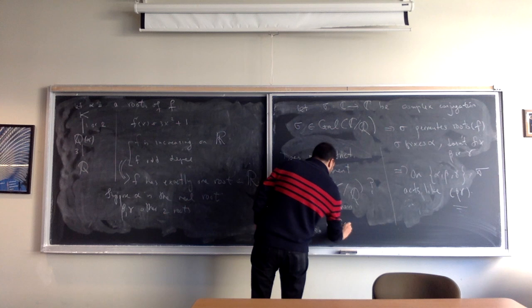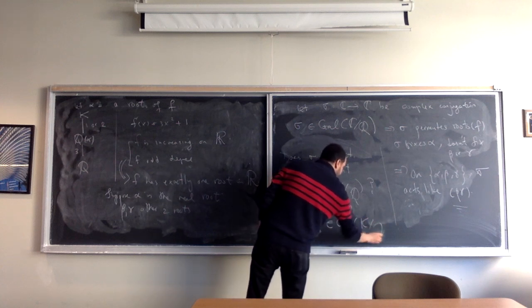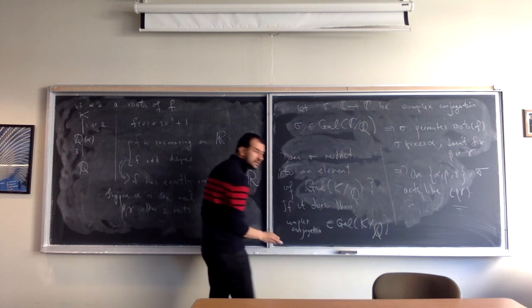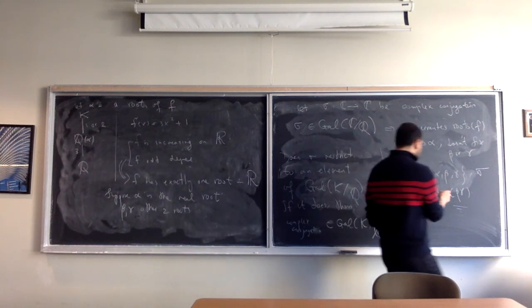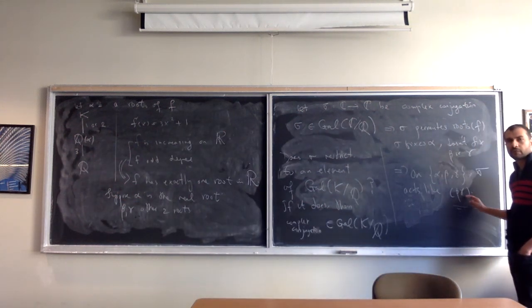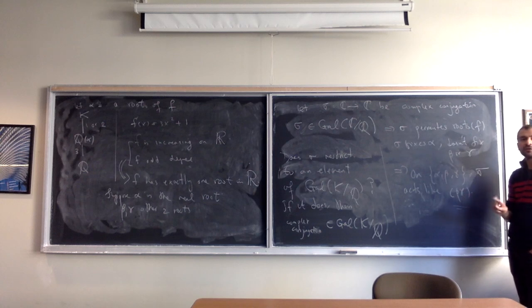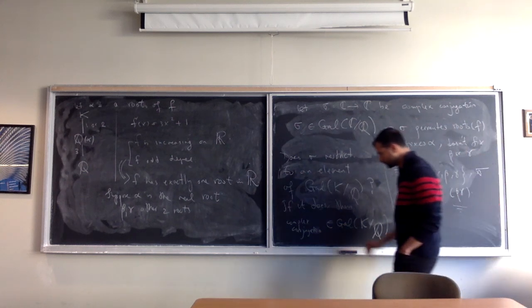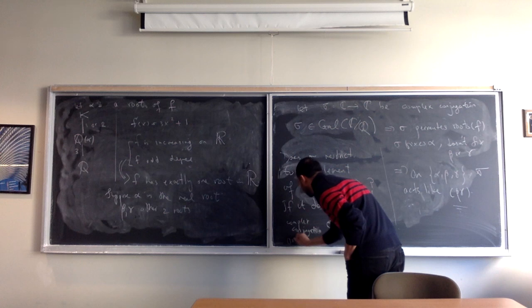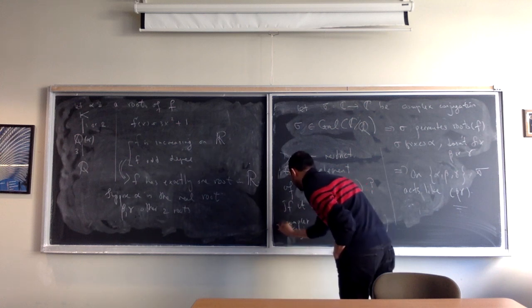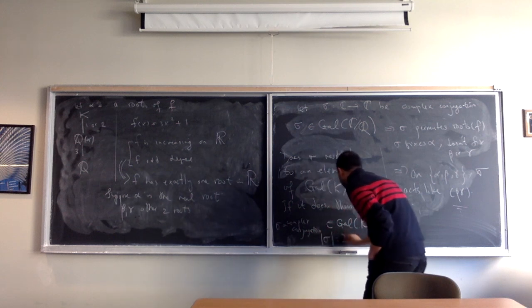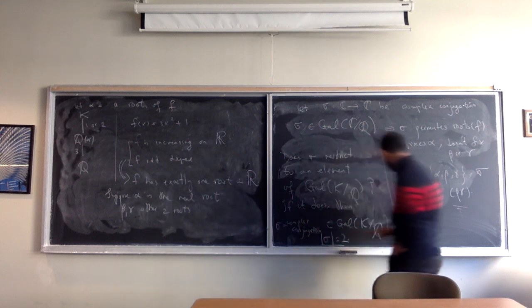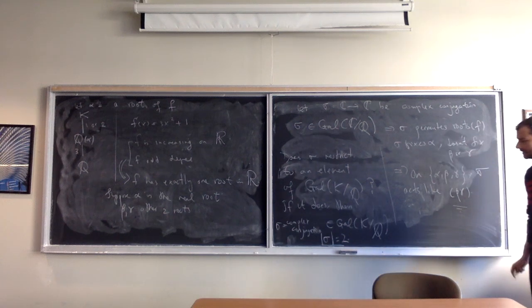An element of the Galois group of K over Q acts like this permutation. It's an element of order 2. The order of sigma is 2, because it's this permutation, beta gamma.